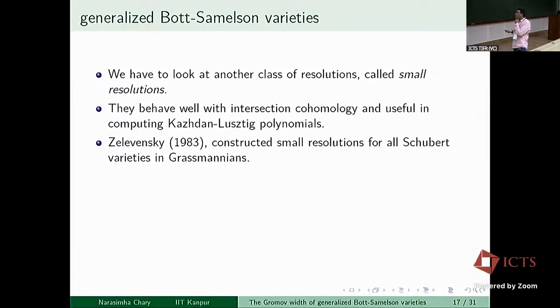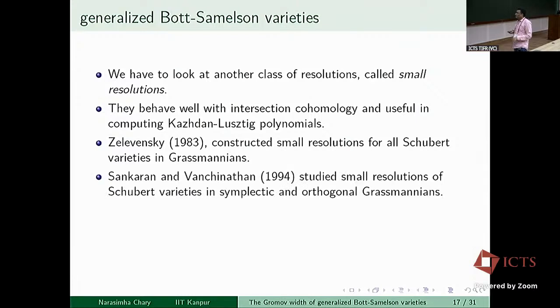This was first started by Zelevinsky. He constructed small resolutions of Schubert varieties inside the Grassmannians, so you can think of this as the type A case. And Sankaran and Vanchinathan studied small resolutions in the case of type C and orthogonal Grassmannians. But they also found that not every Schubert variety has a small resolution, so they gave a classification of which Schubert varieties have small resolutions.